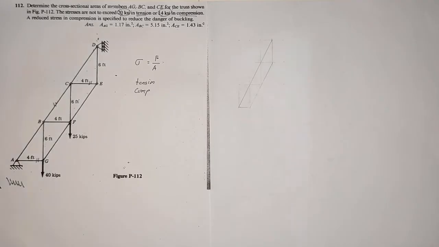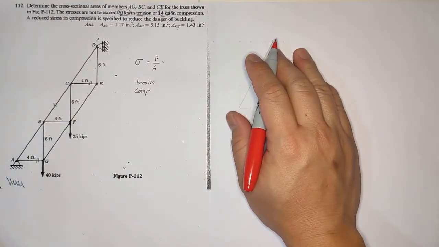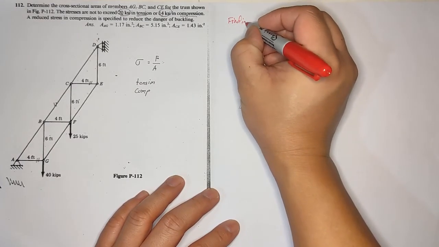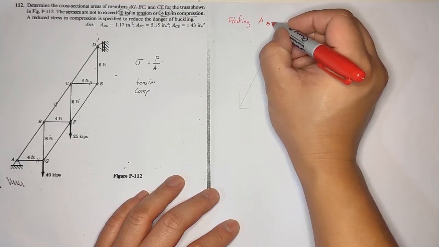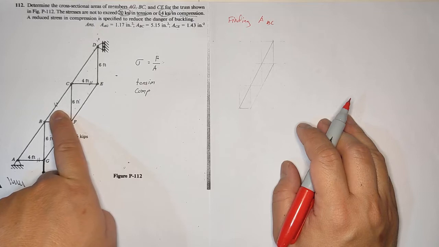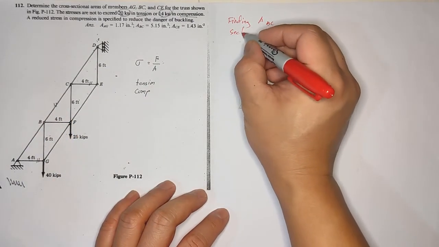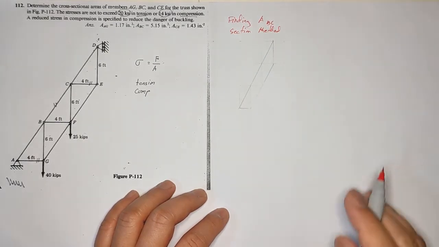So we'll be using the section method. You have here finding area at BC. So you have to find the force experienced at BC. And we'll be using section method to find the force.